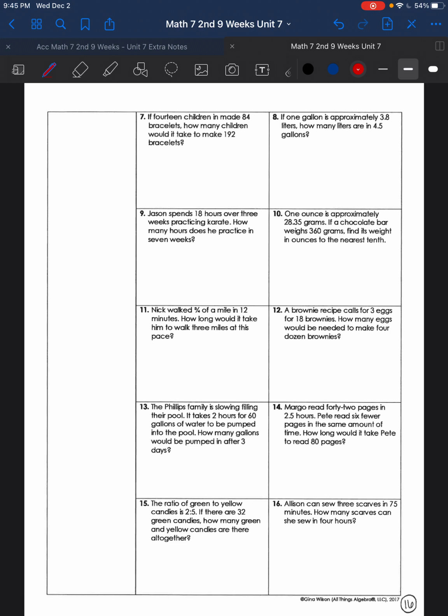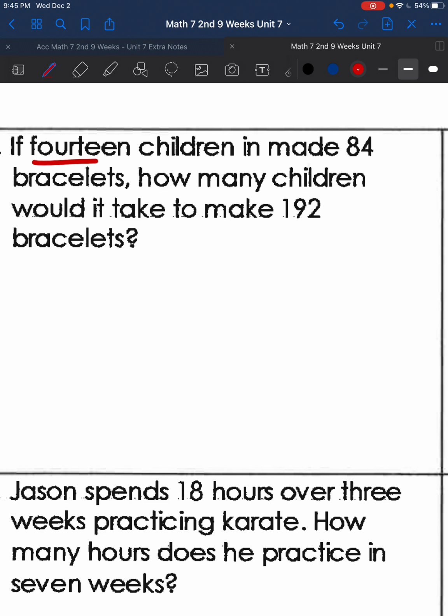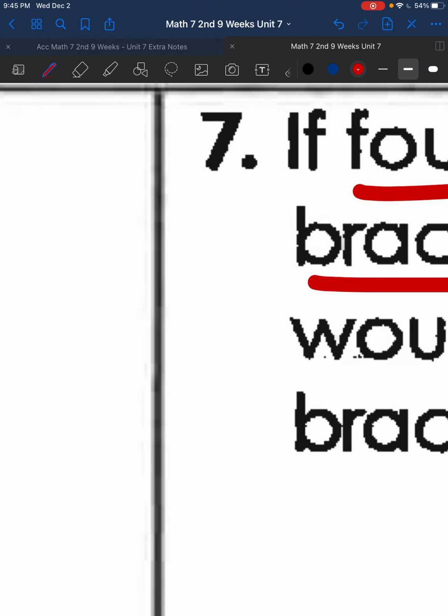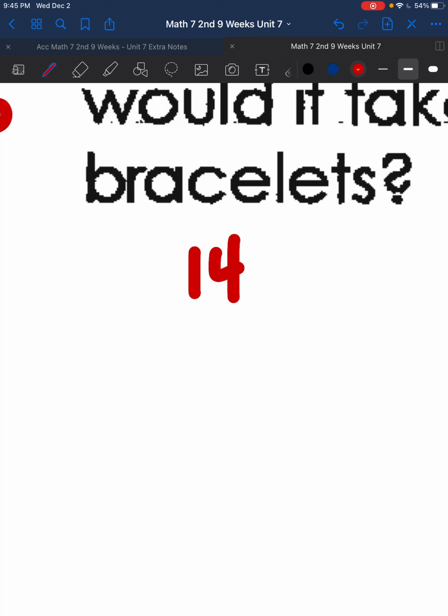Okay, moving on to number 7. If 14 children made 84 bracelets, how many children would it take to make 192 bracelets? Okay, so we were given a ratio, the number of children and the number of bracelets that they made.